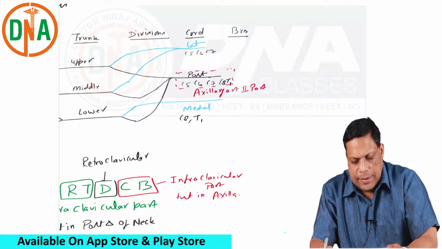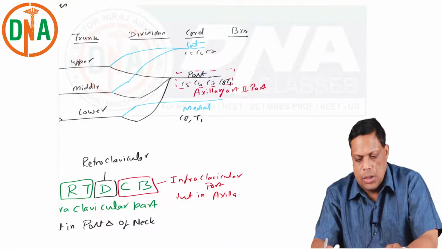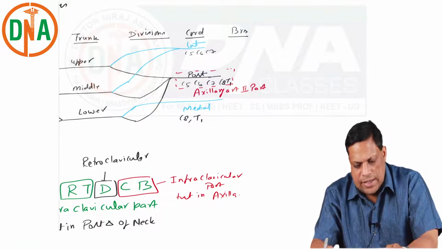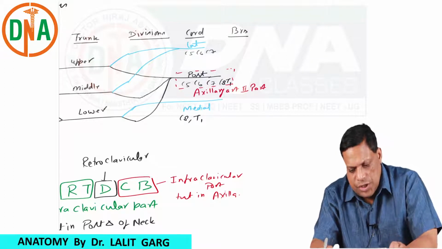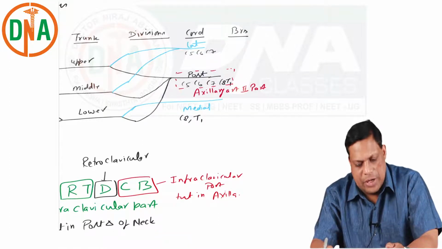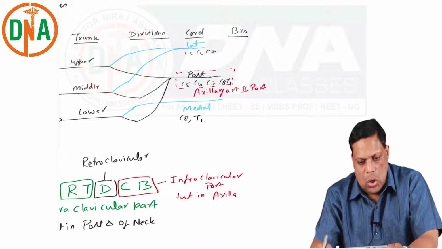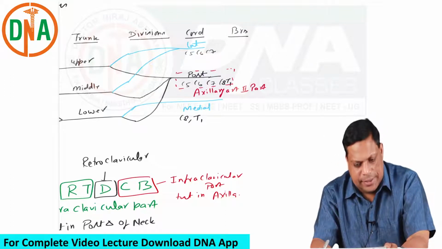It means the cord which is present behind the axillary artery becomes posterior cord. The cord which is lateral to the axillary artery is the lateral cord. And the cord which is medial to the axillary artery becomes the medial cord. So the cords are present in relation to the second part of axillary artery.